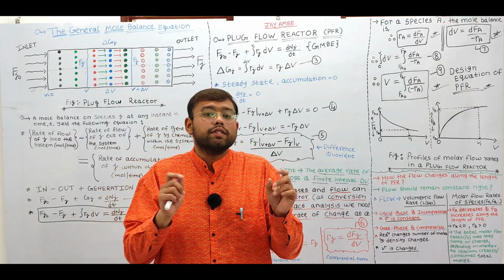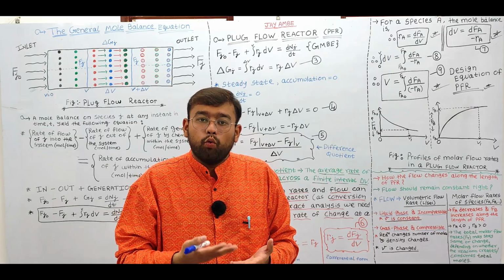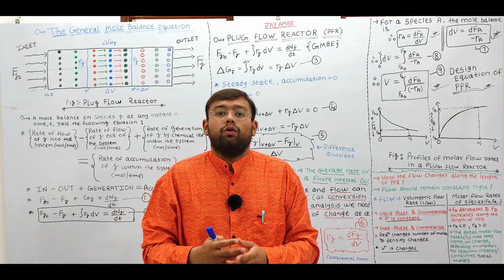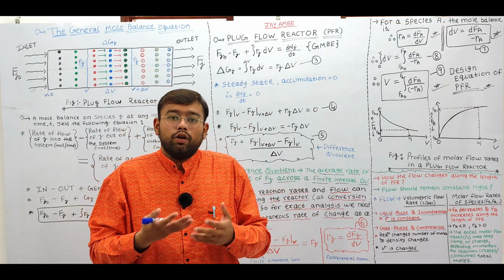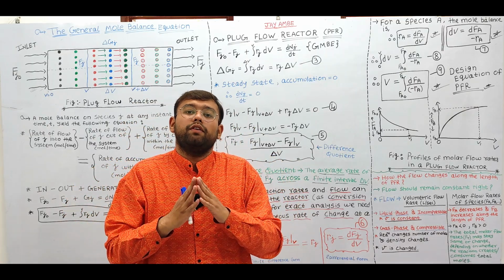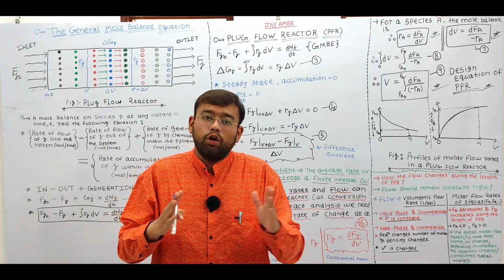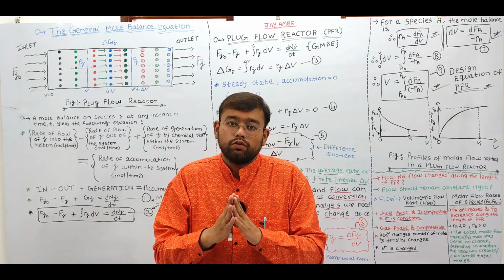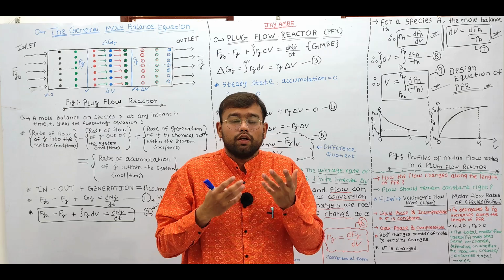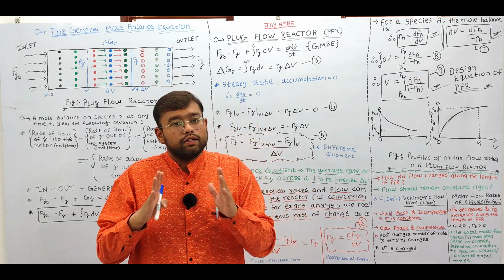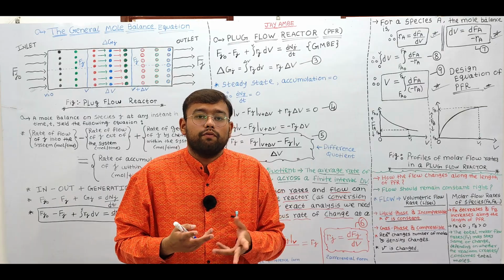For example, water, vegetable oils, or engine oils are incompressible fluids, which means their density will remain constant throughout the entire volume of the reactor. Even by applying pressure or temperature, the density will remain the same. I hope you have understood.